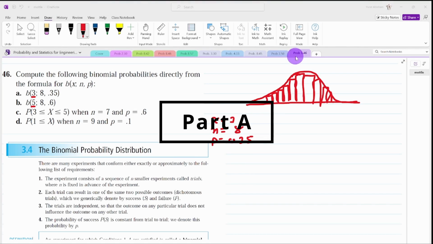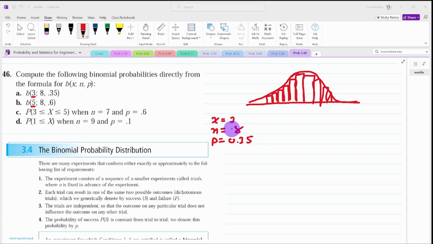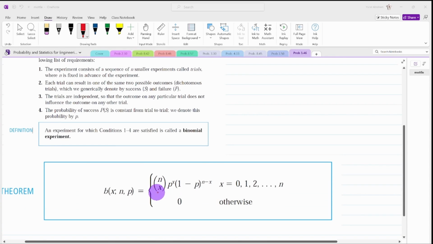Okay guys, let's go ahead and start. I will write this down here. As you can see, x equals 3, the number of trials n equals 8, and p, the probability of success, equals 0.35. So this is saying that you have 8 trials, and of the 8 trials, you want to know the probability that exactly 3 of them are successes. The formula goes like this, as I mentioned before.